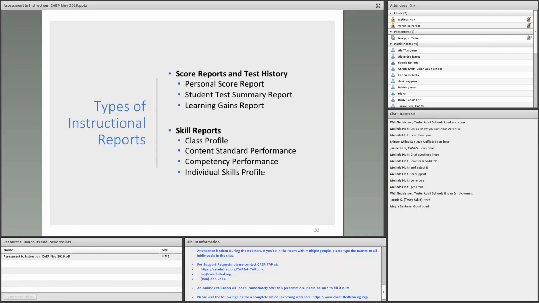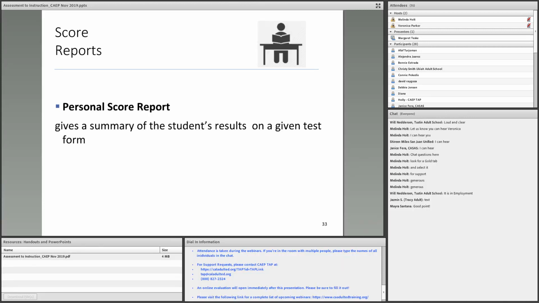We're going to look at different types of instructional reports: individual types of reports for students, administrator types of reports to learn learning gains. We're going to look at skill reports that help the class, the teacher, to view the whole class at once. So let's take a look at the reports.